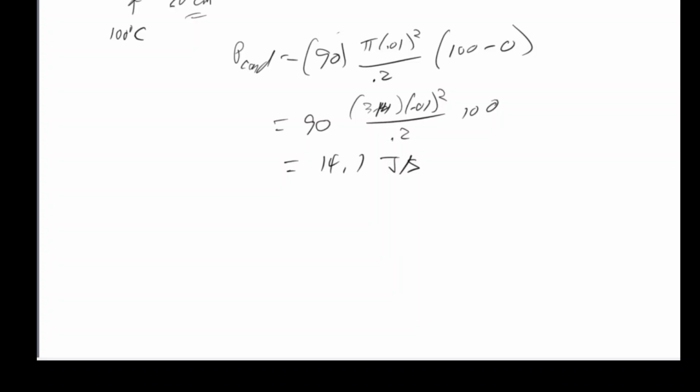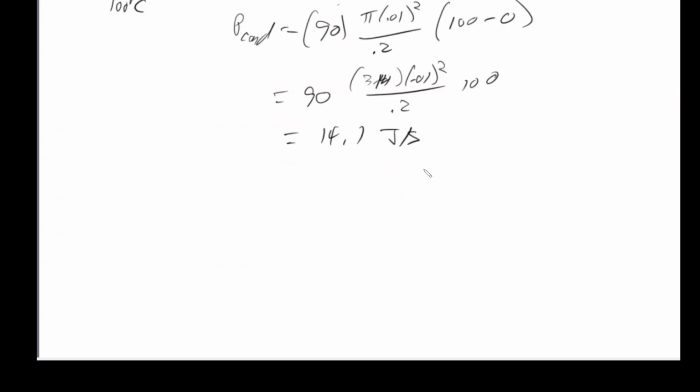Now that we know the conduction, which is the rate of heat transfer per second, we can use that to find the time it takes to melt the ice. We can use the heat of fusion to do that. The amount of heat transferred is equal to the heat of fusion times the mass.